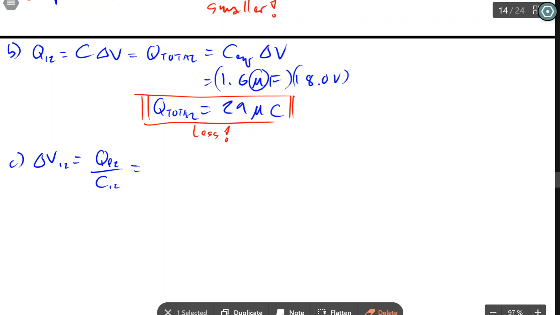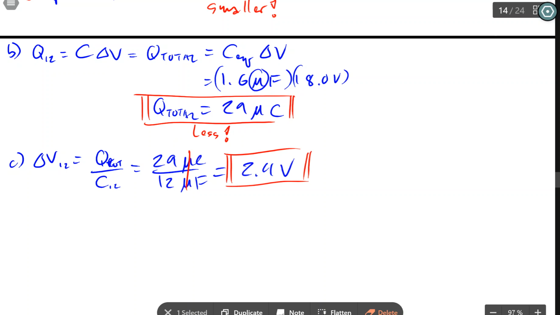Okay, but this is actually the equivalent, the total charge. And so that's going to be 29 microcoulomb divided by 12 microfarad. So honestly, the micros cancel out, and you're going to end up with 2.4 volts.